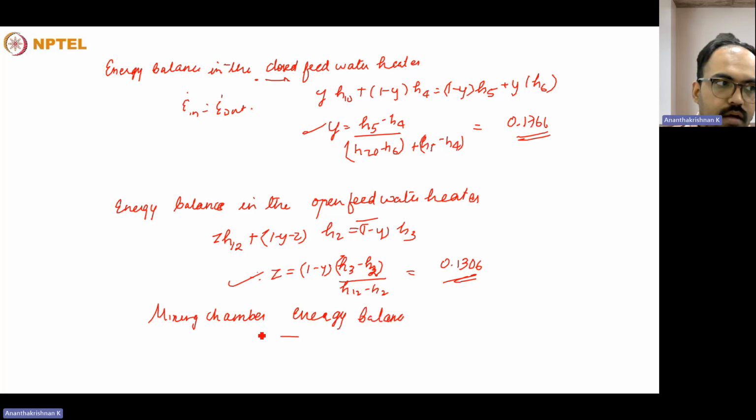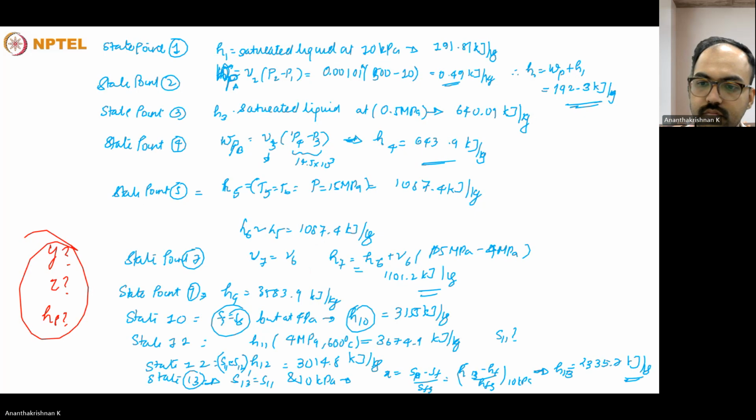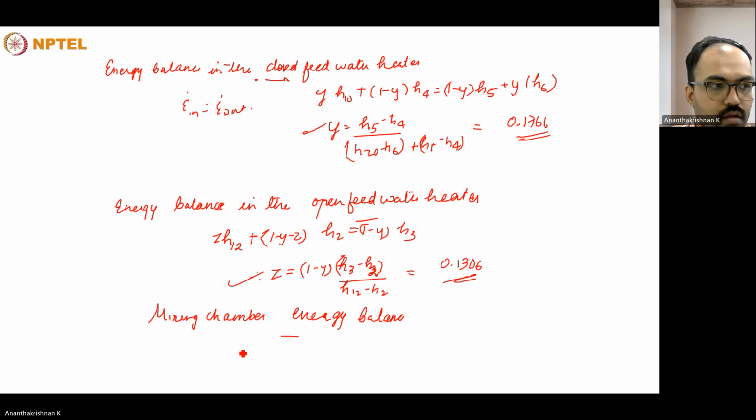So basically, the total steam that enters the boiler, that is 1 into H8, will be equal to Y into H7 plus 1 minus Y into H5. So H8 is equal to 1 minus Y into H5 plus Y into H7.